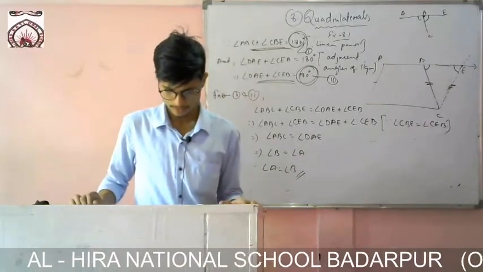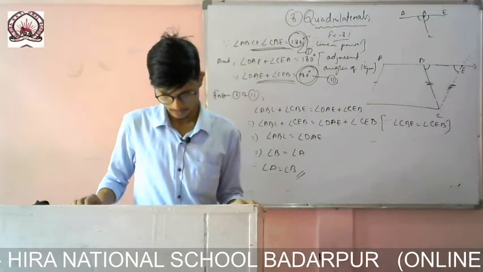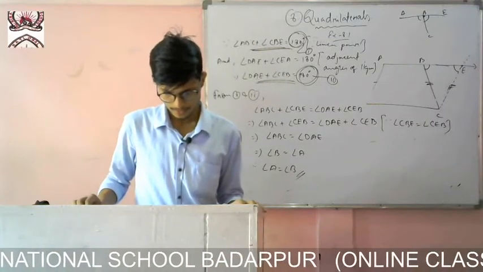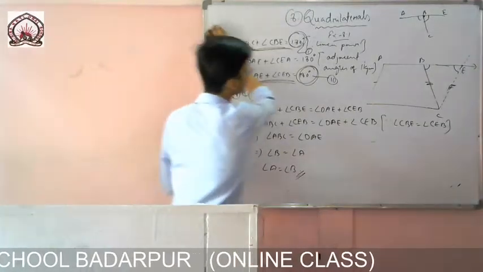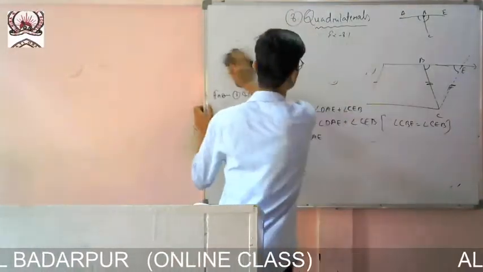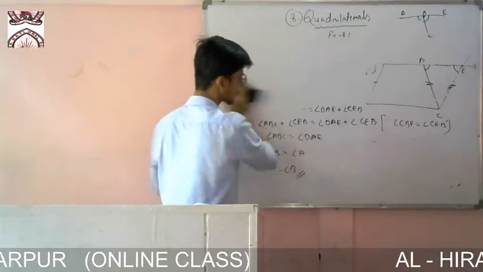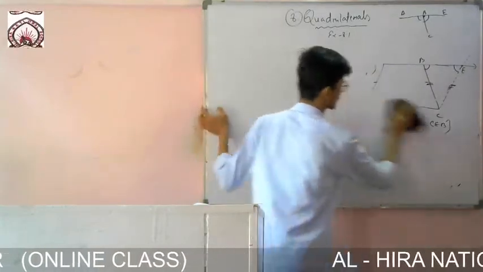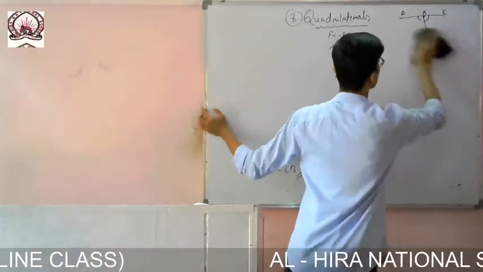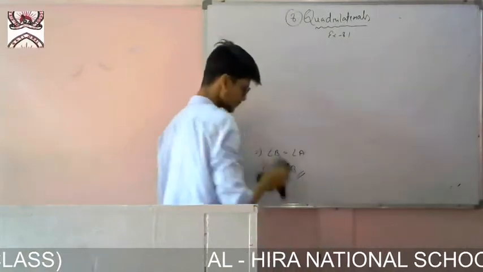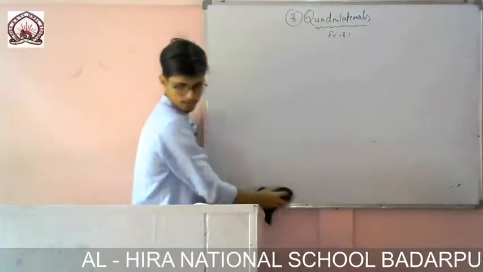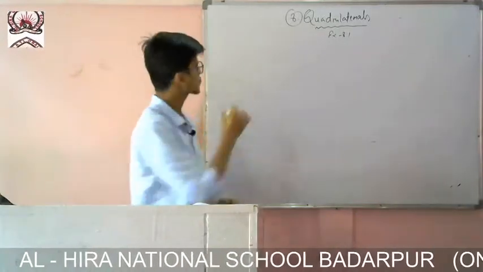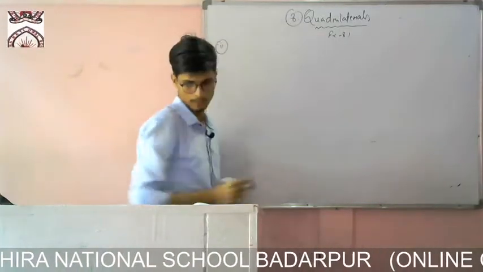Okay, next one, you have to prove that angle C is equal to angle D. So now I can erase this one. Angle A is equal to angle B, we have proved. Now let us move to the next one, Roman number 2. What is given?